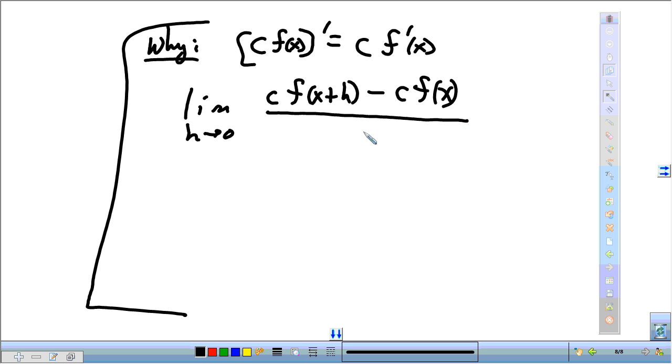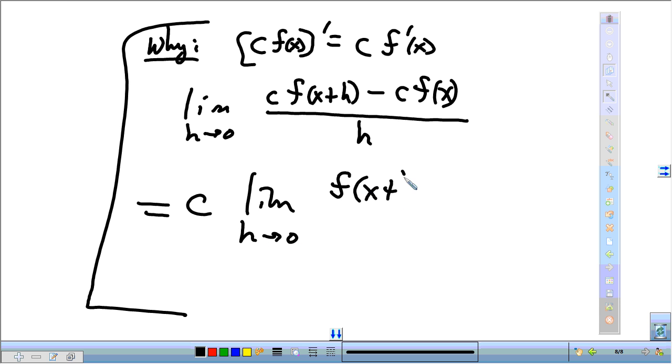The derivative, if we multiplied first, would look like this, a change in c times f from x to x plus h. But if we factor c out, it's not affected by the h. So we see the definition of the expression f times c.